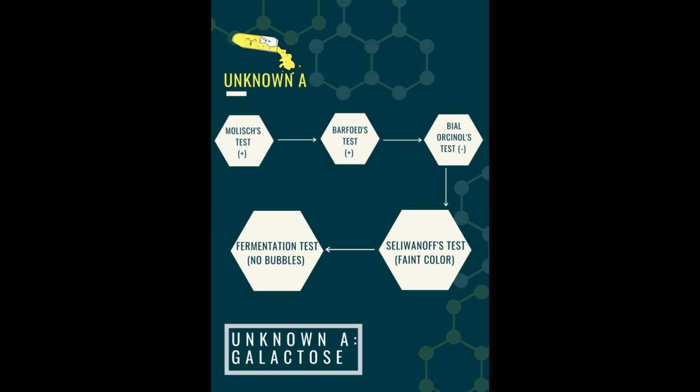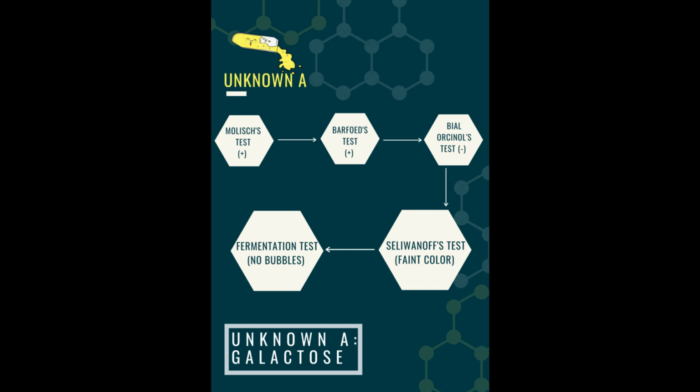So first, unknown A. In the picture, these were the tests that were performed. Molisch test, we did not really perform it, but it is expected to yield a positive result. As for iodine test, we skipped it since the unknowns given do not include a polysaccharide sample, so it would be useless.